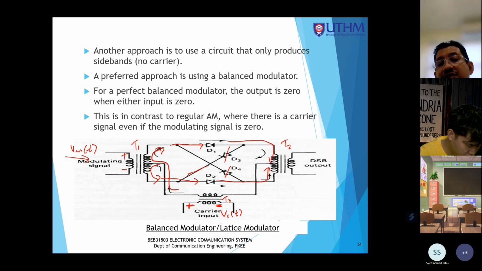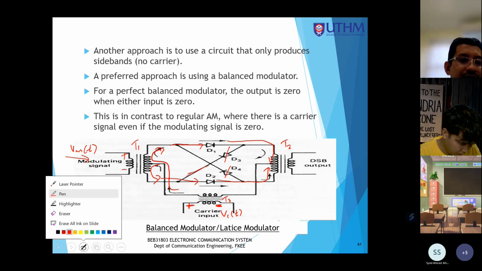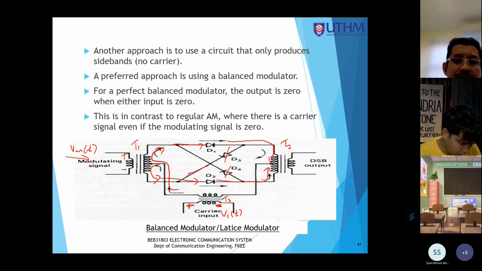So we produce the output. And then when the polarity of the carrier changes, what happens? The current direction will change also. The change in current direction will also occur.